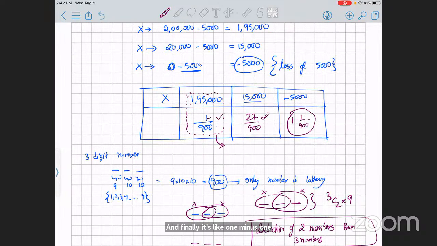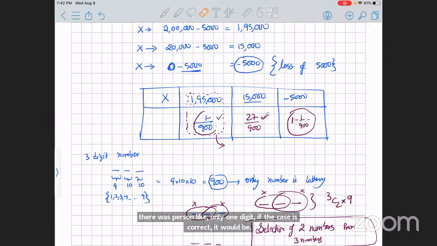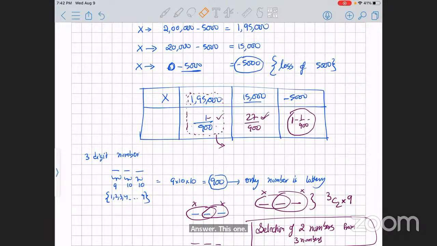If there was a question like only one digit, the answer would be this 1 by 900. For two digits, how is it 1 minus 1 by 900? Because 1 minus 1 by 900 minus 27 by 900. Don't worry, this is total, because everything must add up to 1.